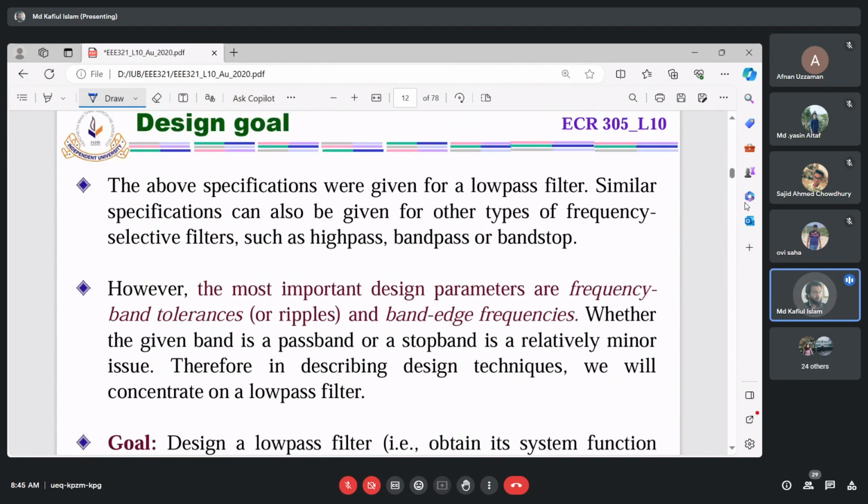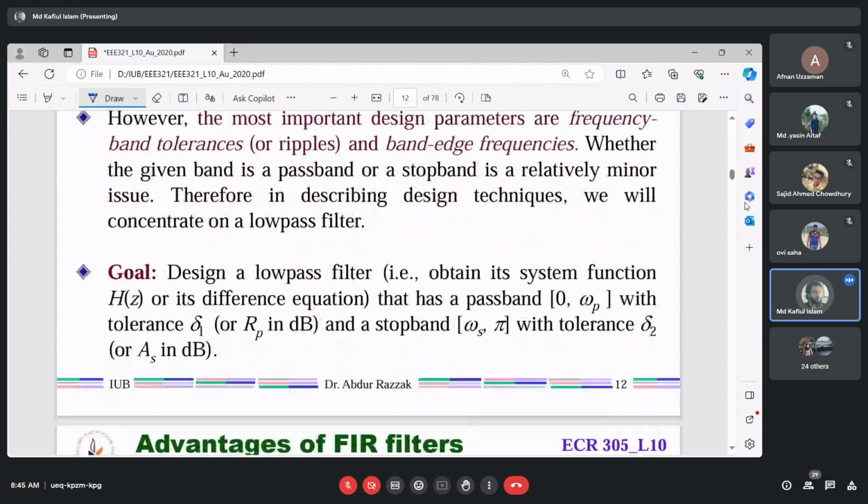So what is your design goal eventually? You have to meet the technical specification given and achieve the frequency response, right? So the design goal is basically to design a low pass filter first, as mentioned before. Whatever your final target filter, you have to start with a low pass filter design.